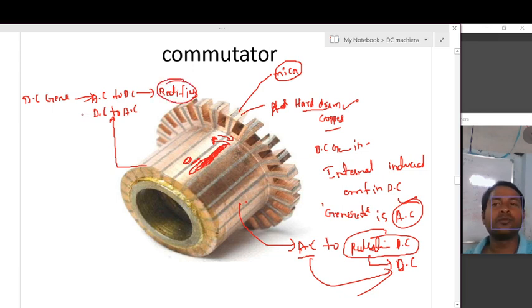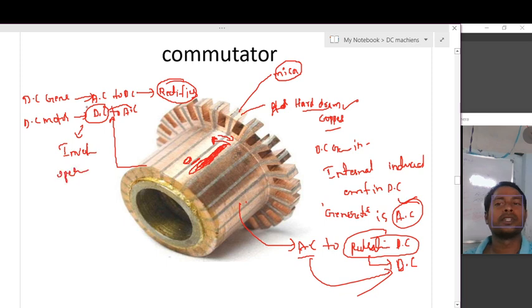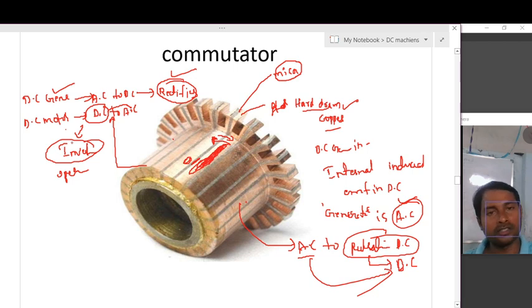But in a DC motor, which converts DC to AC, it is nothing but inverter operation. So in a DC generator, the commutator function is rectifier; in a DC motor, the commutator function is inverter. We should remember these important points, which will help you in further education.